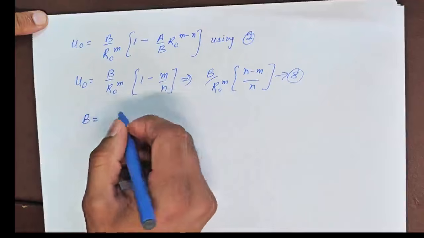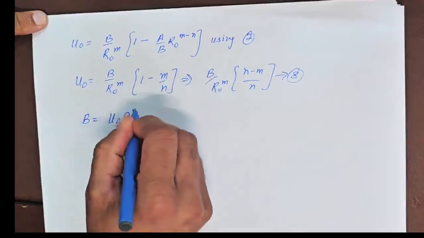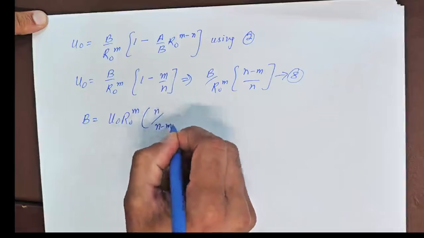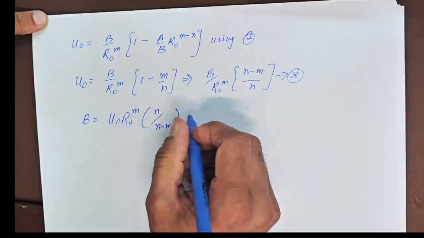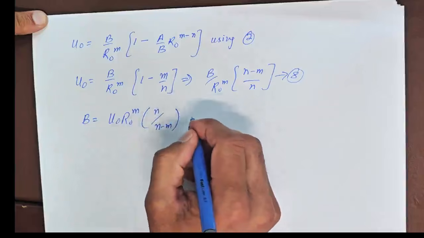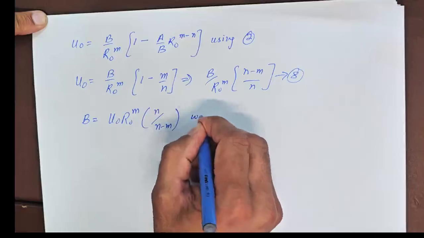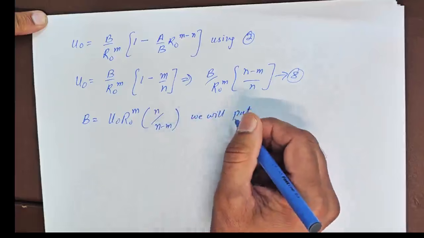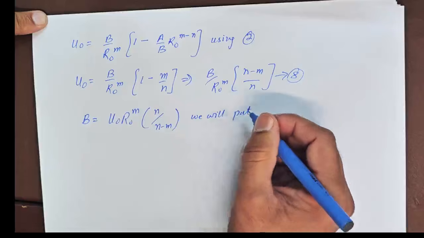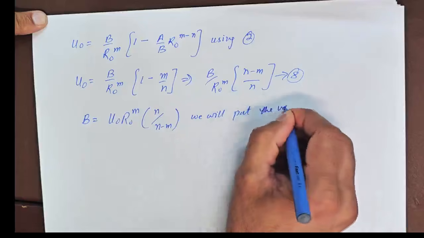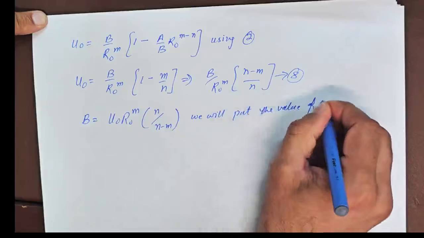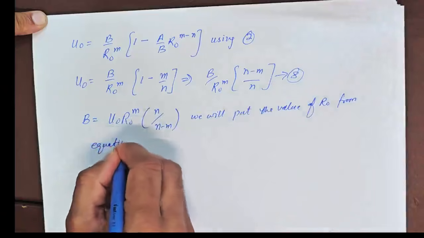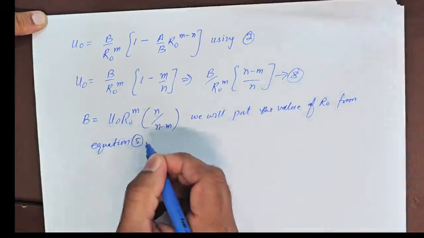We have followed the same procedure to calculate B. B is equal to u naught R naught m, n divided by n minus m. We will put the value of R naught from equation 5.